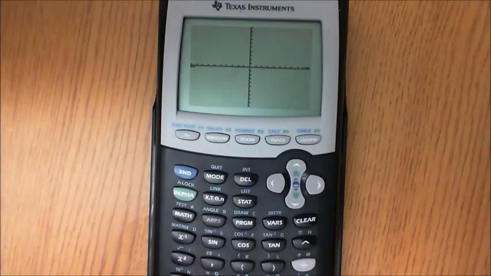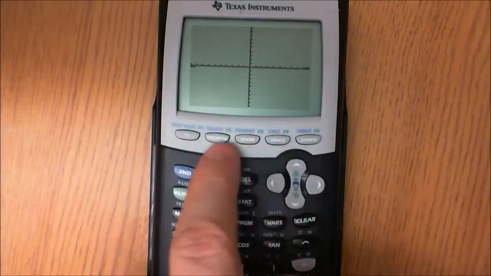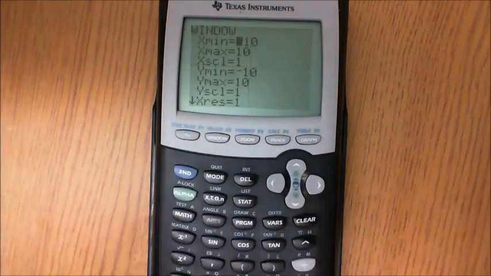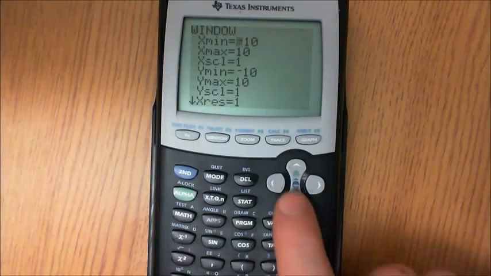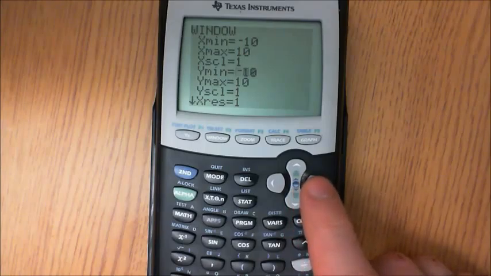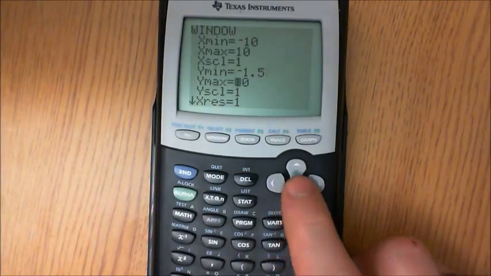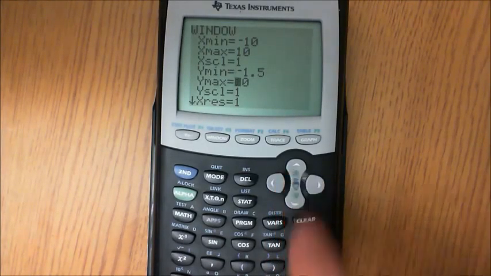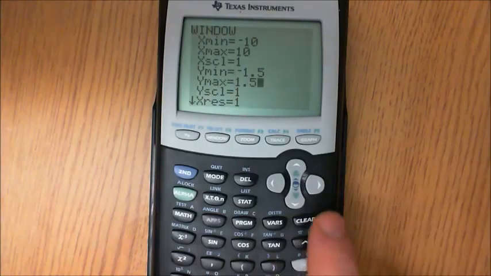Now when we have a sine or any of these functions, it is important to know what the amplitude or range of the function is going to be. So here I can change that in what's known as the window. So this lets me know what I want to see. Now with the sine graph, the lowest it's ever going to be is -1, so I'm going to go -1.5, and the tallest it'll ever be, the y max, is 1, so I'll go +1.5.